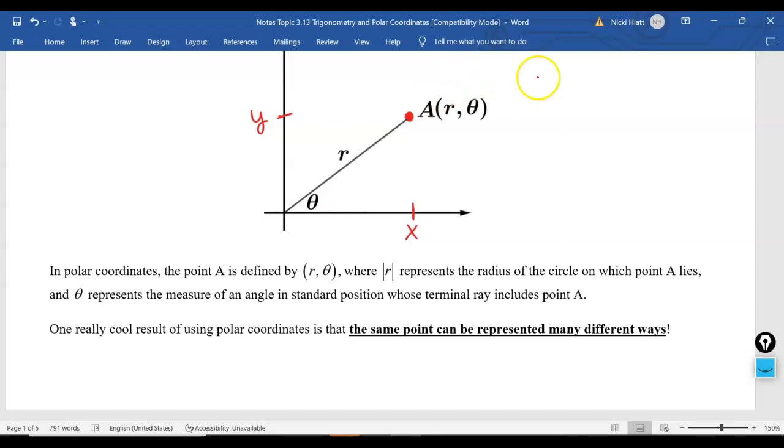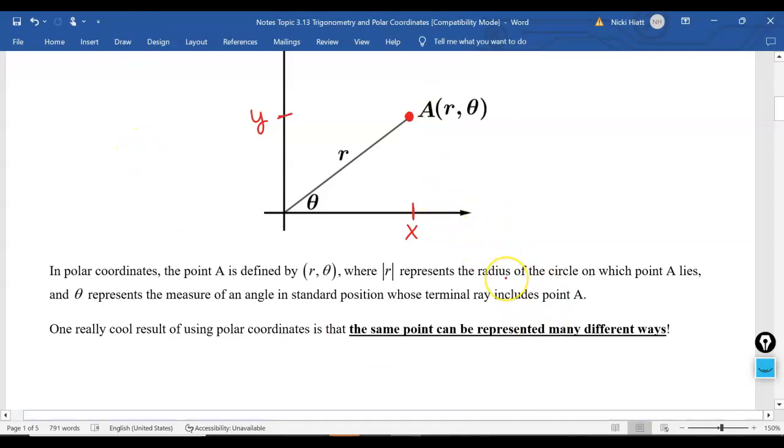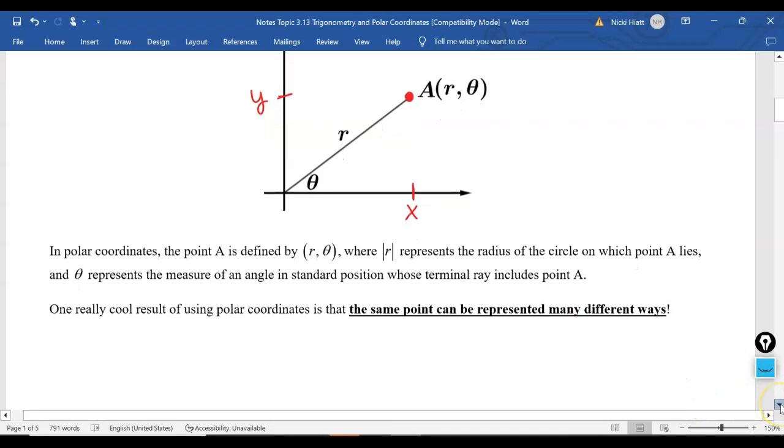We already know, as far as angles in standard position go, that this angle right here would be 0 radians, but it could also be described as 2 pi radians or 4 pi. So there are going to be many options for that. Let's get into seeing how to graph here.